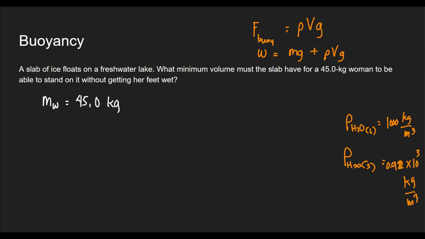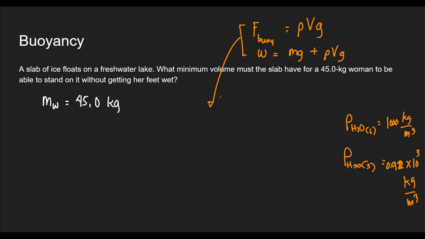And the mass of the woman is 45 kilograms. And we've got to have a g, gravity, and we must have the volume as well. Now, since the buoyancy force is just equal to the total weight, we'll use these two equations here.